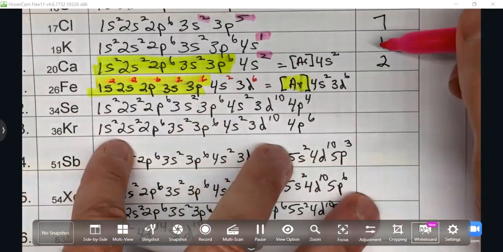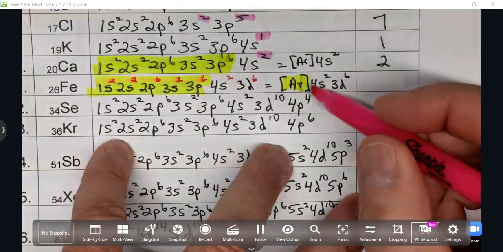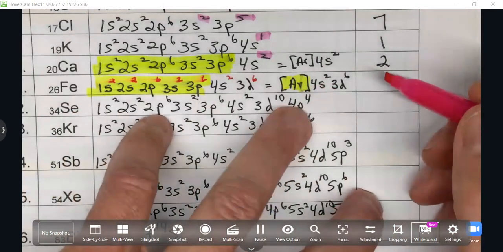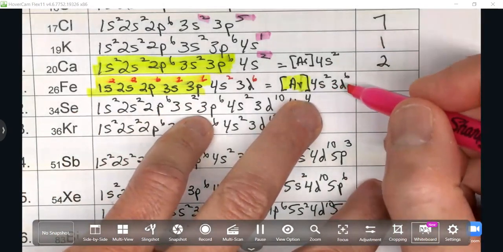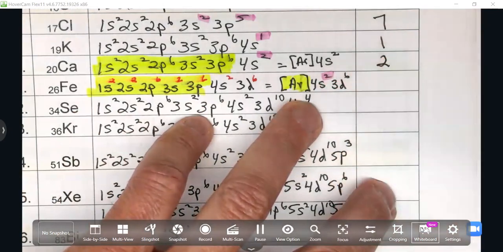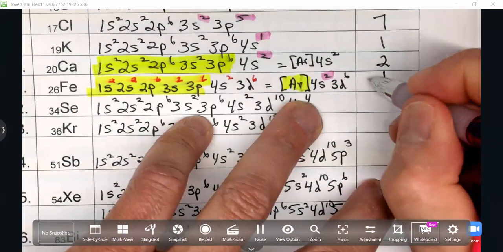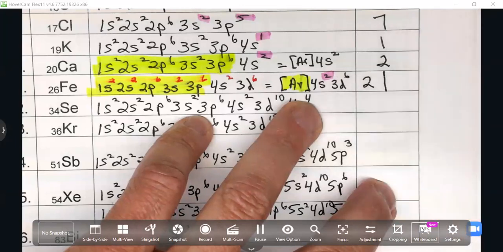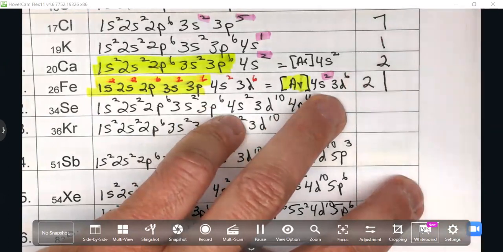Now, if we do iron, some textbooks are not going to do the D's at all. They're going to look at this and say it has 2. Some textbooks are going to include the unfilled D and say it has 8.